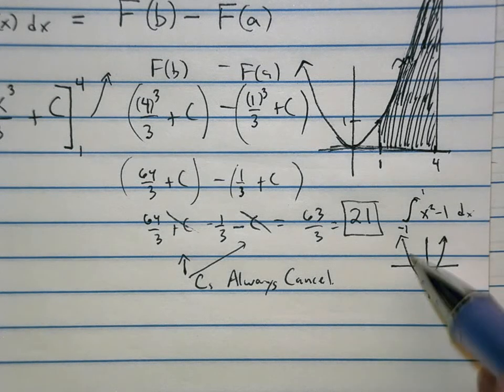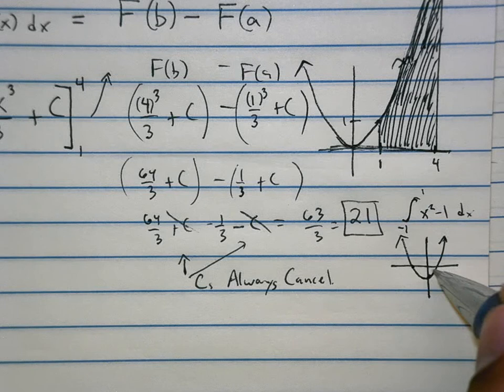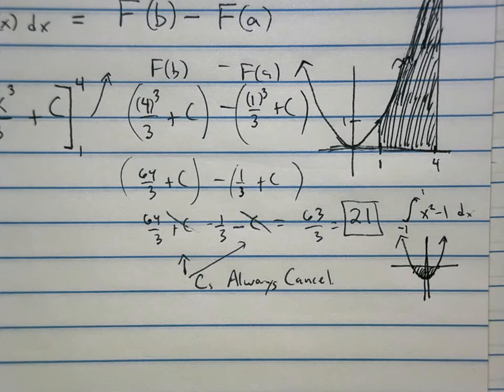Here's the parabola shifted down 1, right? At -1, when we plug it in, is what? 0. When I plug in +1, what is it at? 0. Technically, we're finding this area, the part that I've shaded right there. Do you see it? Since that area is below the x-axis, this area mathematically will come out negative.